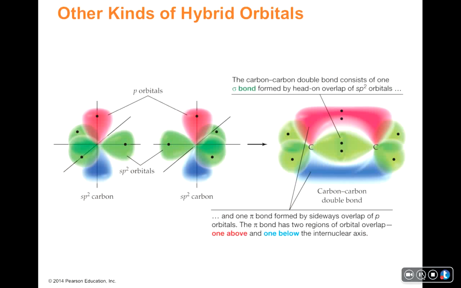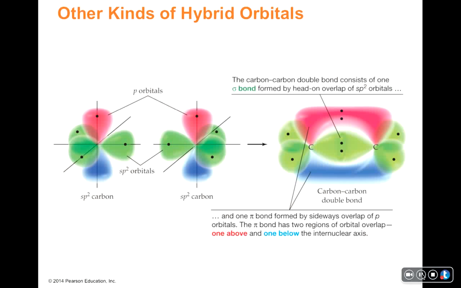And so the way that we visualize, or understand, what's happening here is that the first of that double bond results from an overlap between each of those sp2 hybrid orbitals. And that is what is known as a sigma bond.